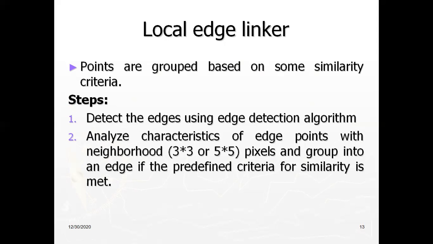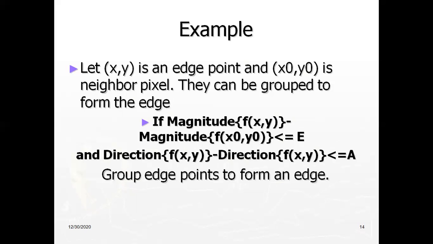This is the concept we use for the local edge linker. Okay, here we have an example. Assume that you have a pixel at location x comma y, which is an edge point. And suppose you want to know whether the pixel detected at location x naught comma y naught belongs to the same edge as that of the pixel at location x comma y, we can use a condition of this kind.